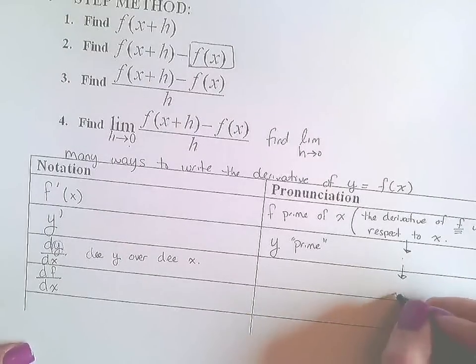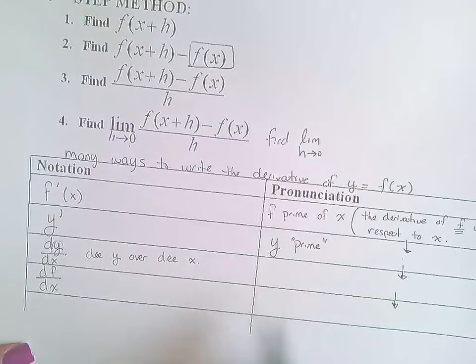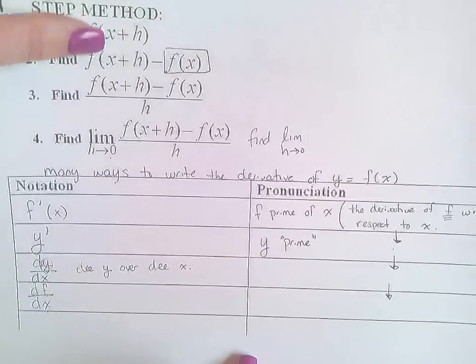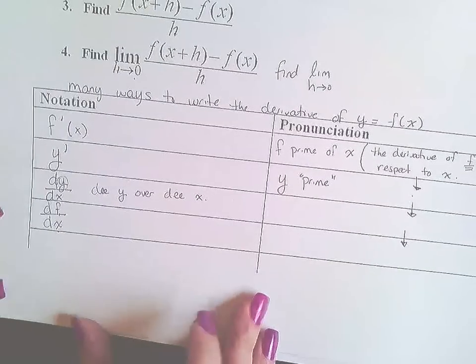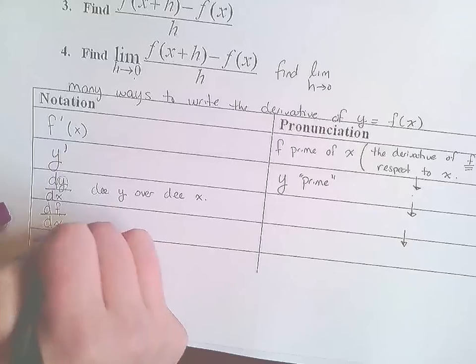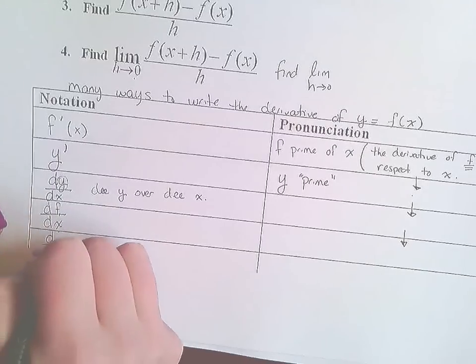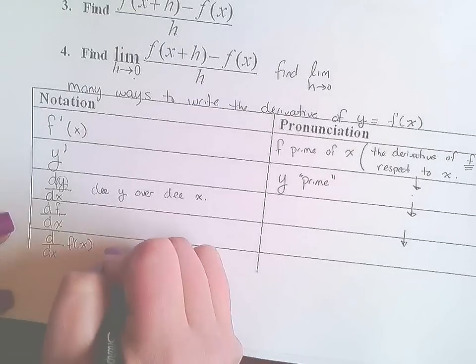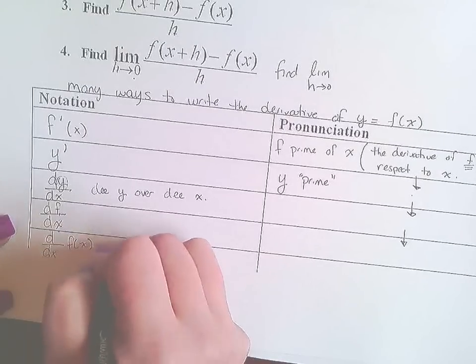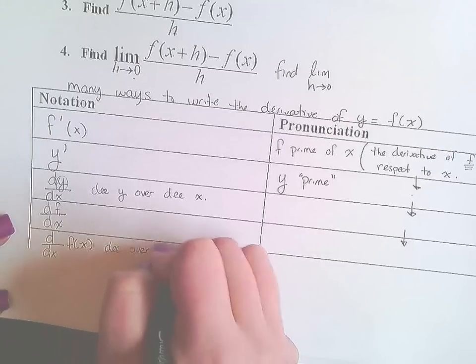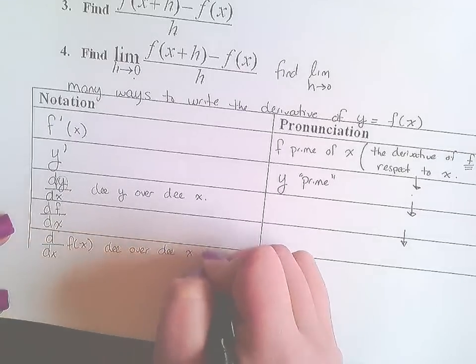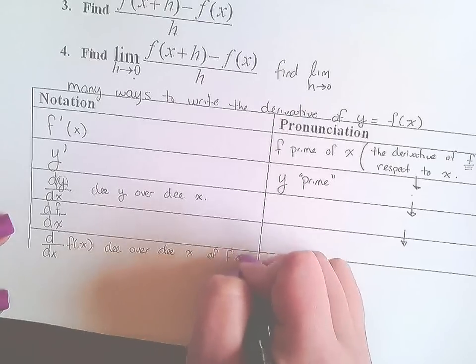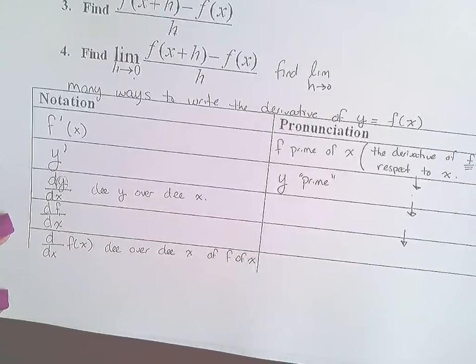And of course, just like y, we can also put down df dx. And this is the same thing. It's the derivative of f with respect to x. And then the last way is d over dx of f of x. So it's d over dx of f of x.